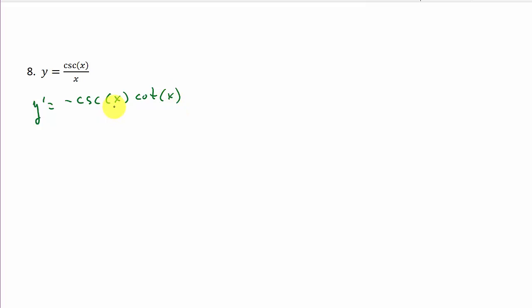Okay, so there's the derivative of the numerator times the denominator minus the derivative of the denominator, which is 1, times the numerator, all over the denominator squared.